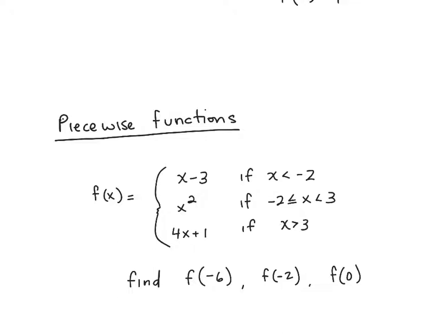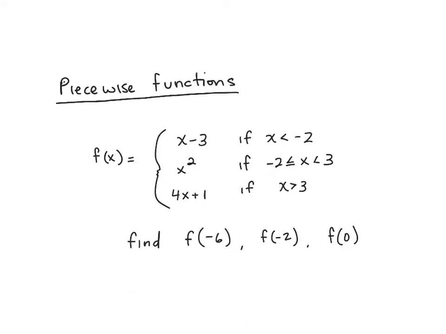If the input is between -2 and 3, then you only plug it into this rule. If the input is greater than 3, you only plug it into that rule. So you are only going to plug an input into one of these three pieces at a time, not into all three, and it depends on what the value of the input is.